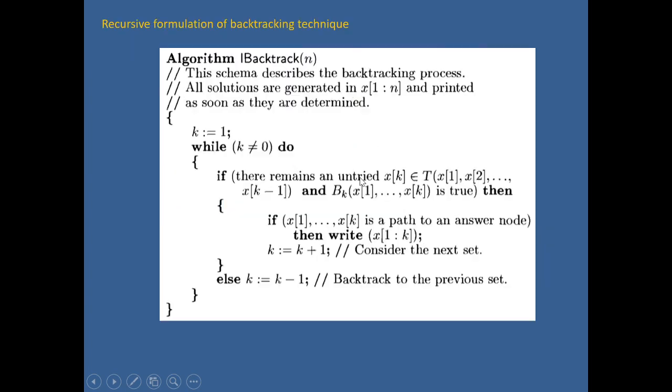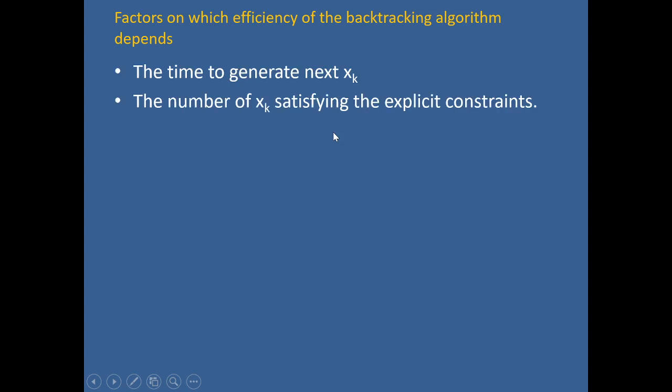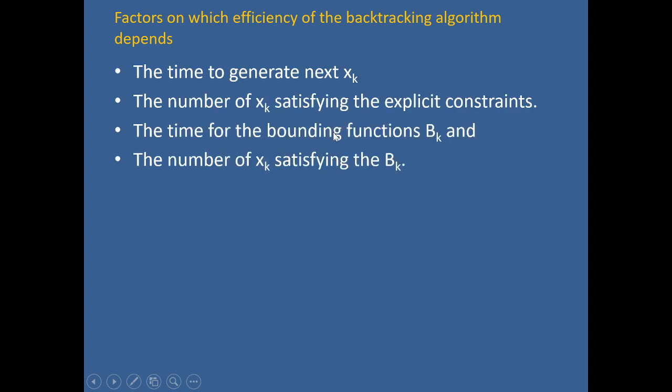We can also write the backtracking solution iteratively, so you can check that. The factors that influence the efficiency of the backtracking algorithm are: you need to find out which value is suitable for xk, so that takes some time.